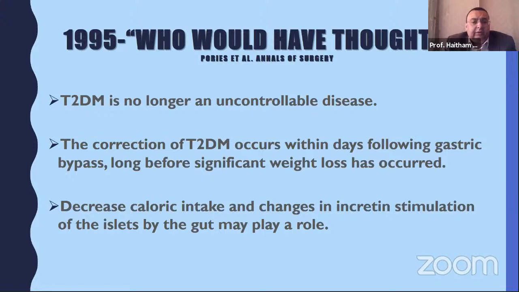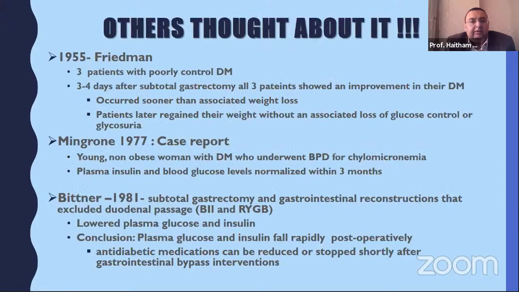This was not the first hint about a surgical treatment of diabetes. In 1955, Friedman published a case series of 3 patients with poorly controlled diabetes mellitus who had subtotal gastrectomy for a different disease, and he stated that there was an improvement in their diabetes sooner than associated weight loss.